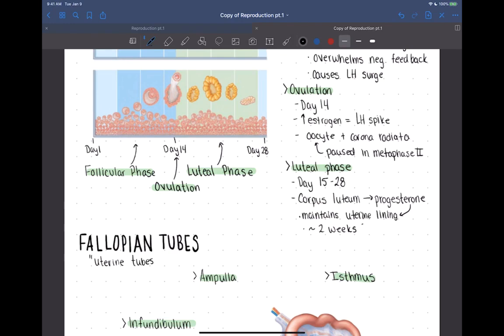And when that corpus luteum stops making progesterone, which was maintaining the uterine lining, that uterine lining can now be shed. That would be menstruation. So the corpus luteum no longer making progesterone triggers the shedding of that uterine lining, which is menstruation.